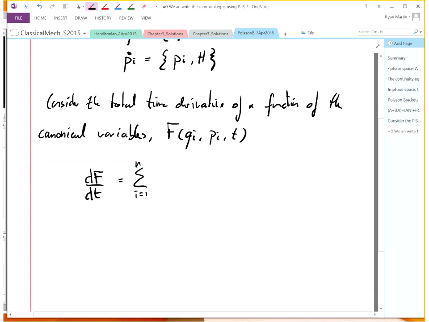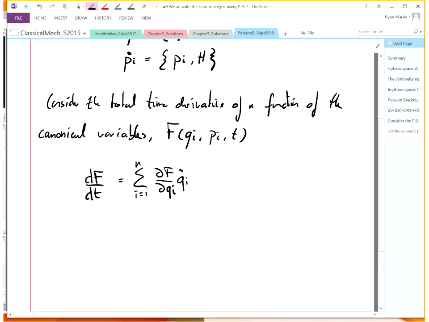So we just do a chain rule, right? So that's going to be the sum from i equals 1 to n. So F depends on qi, pi, and t. If I want the total time derivative of F, I have to do ∂F by ∂qi times qi dot, ∂F by ∂pi times pi dot, plus ∂F by ∂t. Right? So let's write that out. It's the sum from i equals 1 to n. The first thing that F depends on are the qi.